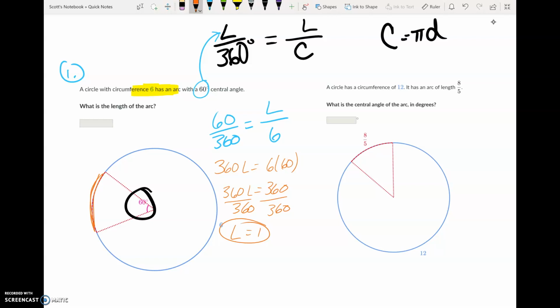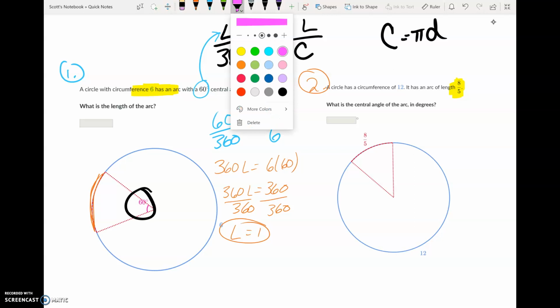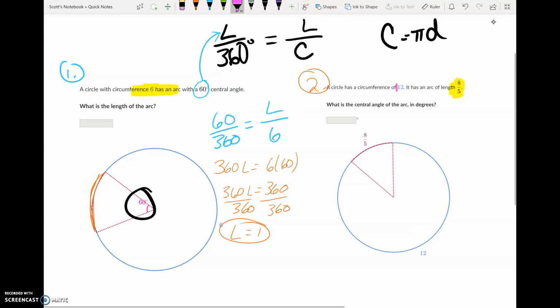Okay. Now, for the second one here on number 2, this is a different one. It actually tells you what the arc length is. So you'll have to plug in a fraction, and it tells you the circumference is 12. Okay, so whenever we plug this stuff in, I'm finding the angle, so it doesn't tell me what the angle is.